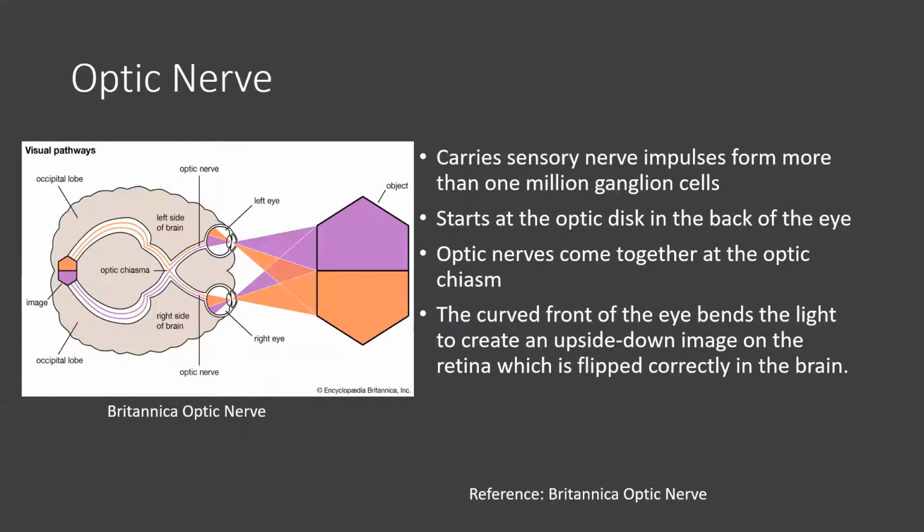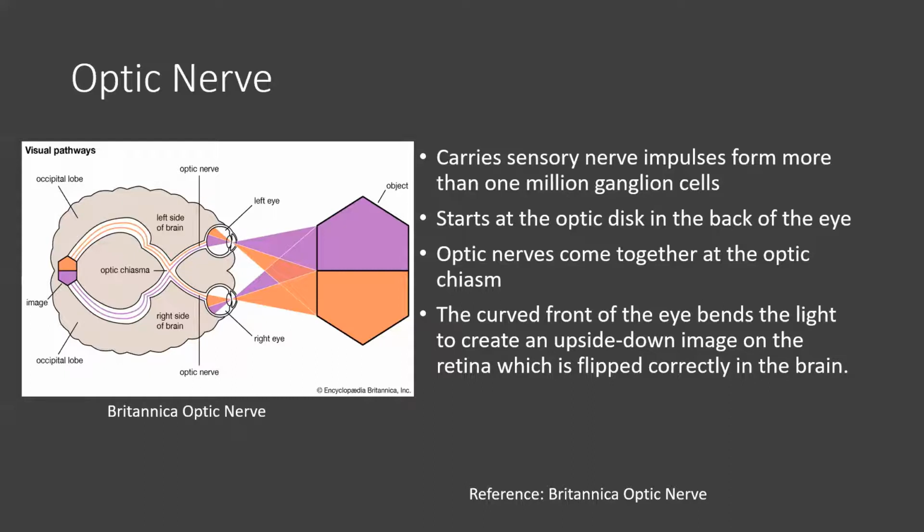So the optic nerve is in the very back of the eye, and it is the actual pathway that the nerves converted from the ganglion cells use to get to the optic chiasma and then to the back of the brain. And so the optic nerves from each eye come to the optic chiasma.